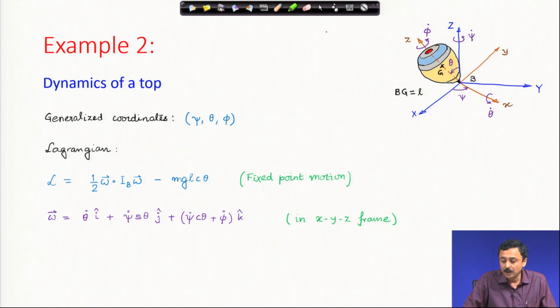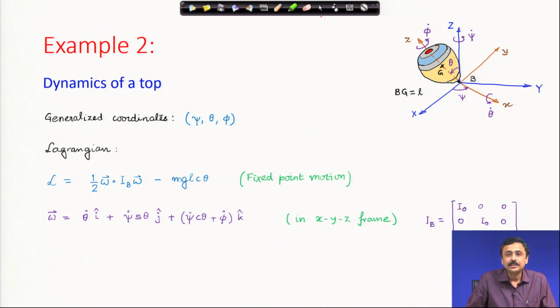So, omega, the angular velocity of the top, can be written in terms of the nutational angular speed, theta dot I cap, plus a component of the precessional angular speed psi dot in the y direction, and in the z direction, or the k cap direction, the axis of symmetry, we have a component of the precessional angular speed and the spin. This we have discussed before, how to express omega in this frame lowercase x y z.